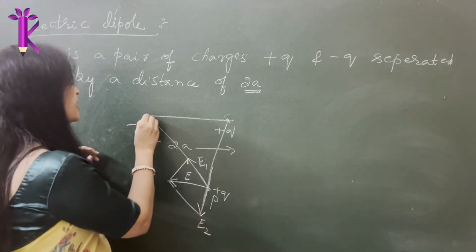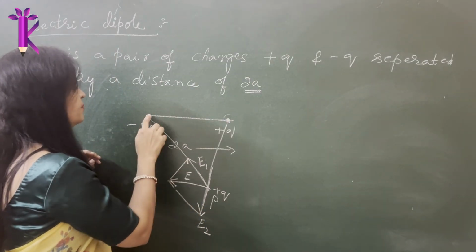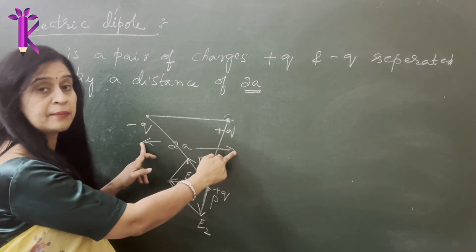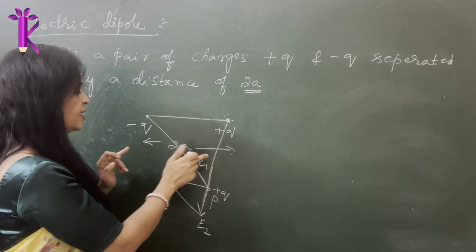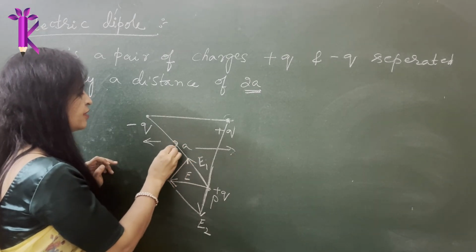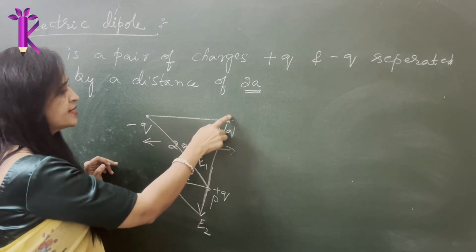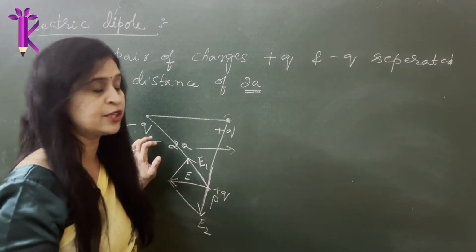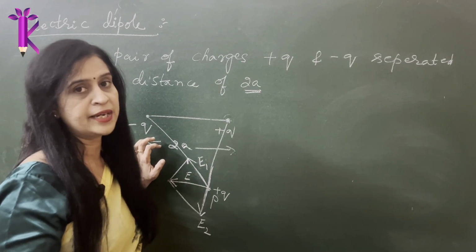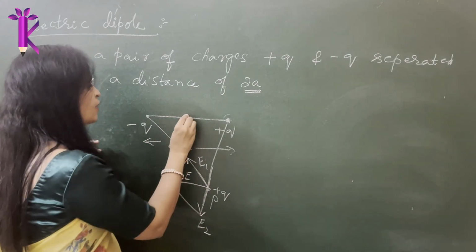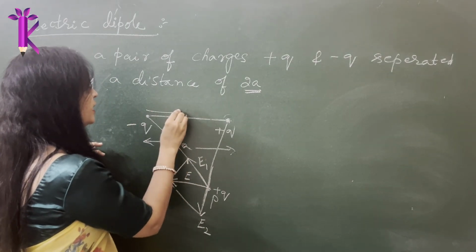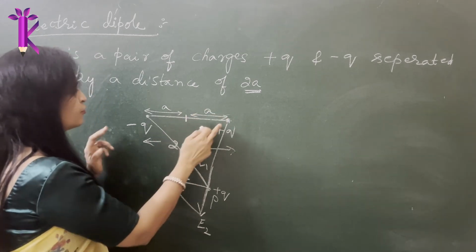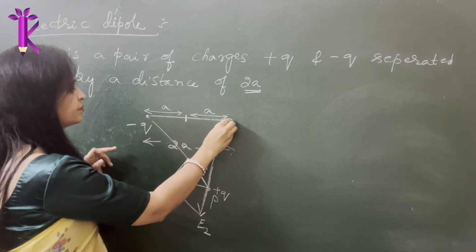Now, these are the centers of the dipole. The distance between the centers of the dipole is always given by 2A. By convention, this is what we write. These are all experimentally proved, so here we are not going into the argument of how I got 2A and why not A. From this center point it will be A, and from this center point it will be A, so the total distance is 2A.